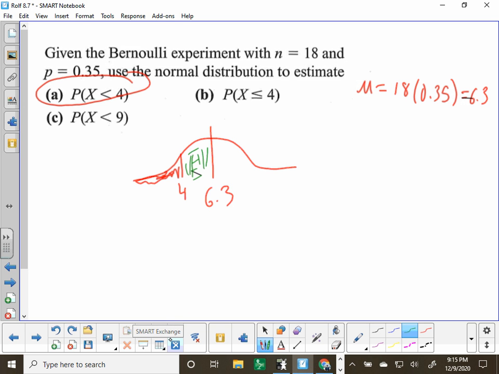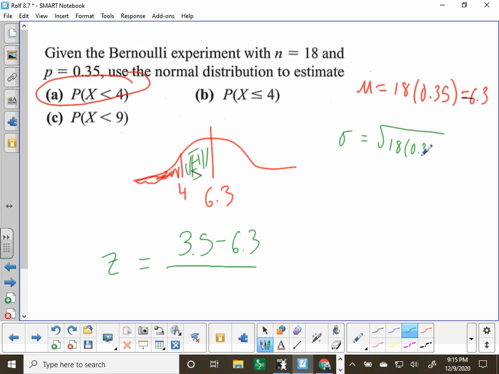Okay, so I'm going below 4. So that means I can't be 4.5, I'm going to be 3.5, right? 4.5 would be above 4. If I want to say x is below 4, so 3.5 is what I'm using. So to figure out my z-score, I do 3.5 minus the expected value, which is this here, 6.3, over the standard deviation, which I have not calculated yet. So the standard deviation is equal to the square root of n, which is 18, times the probability for, 35, and the probability against, 65.